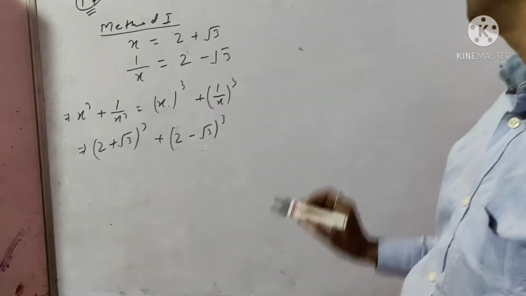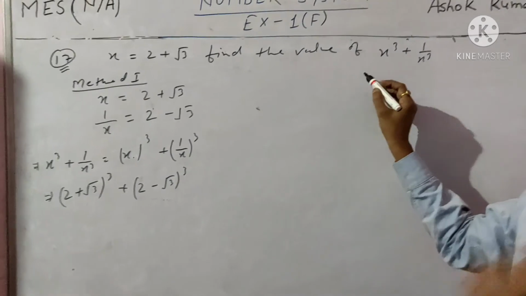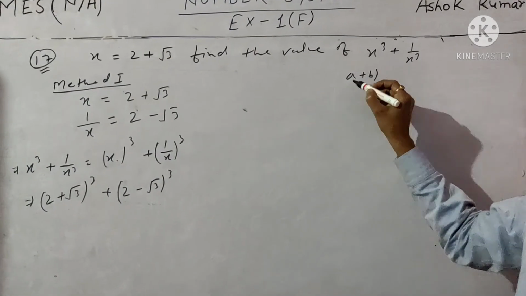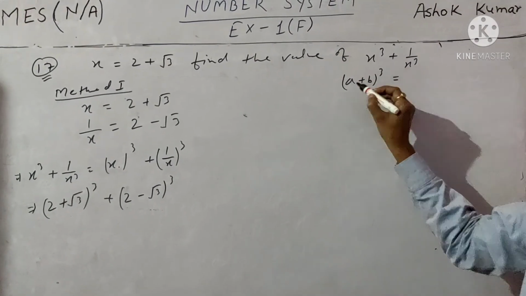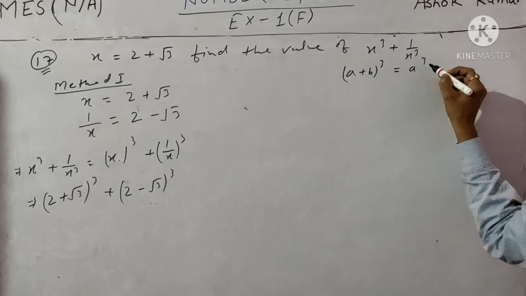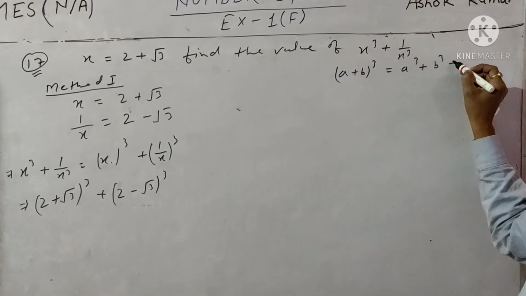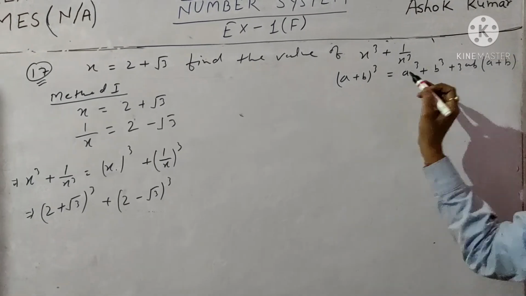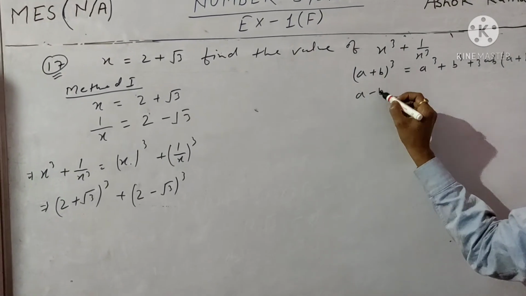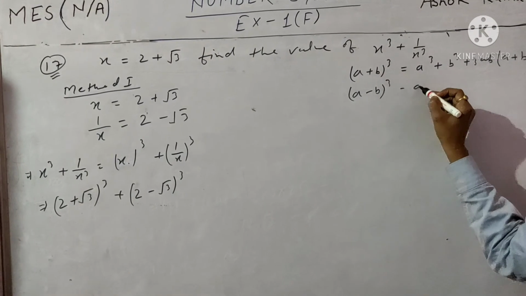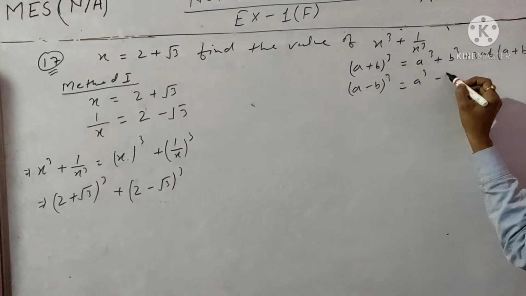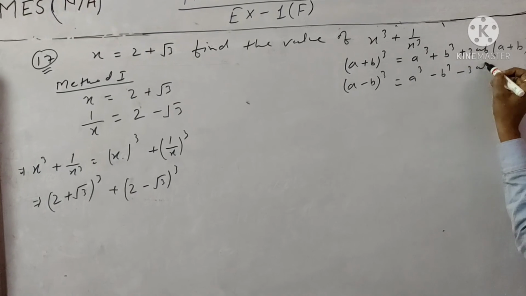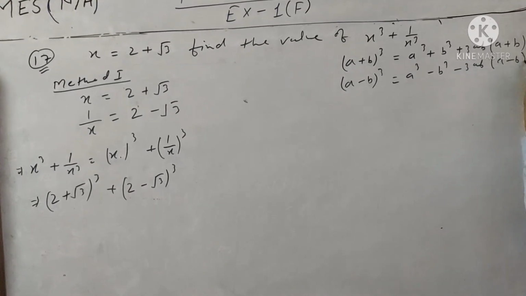So here student, you have to know what is the formula of (a plus b) whole cube. Write down the formula again student. (a plus b) whole cube is equal to a cube plus b cube plus 3ab bracket (a plus b). This is the first formula. And again (a minus b) whole cube is equal to a cube minus b cube minus 3ab bracket (a minus b).